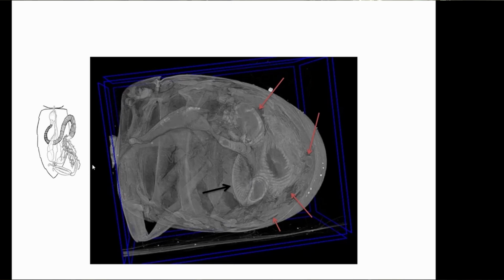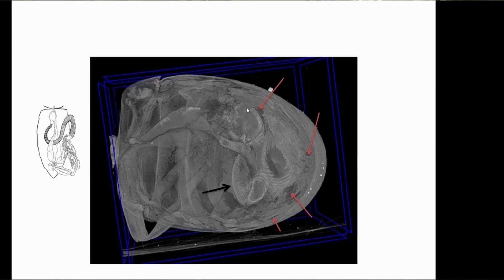Now, as we've said previously, normally we would expect to see perhaps the crop and a tiny little bit of the midgut, the ventriculus, but here we are seeing the vast majority of the intestine. We're also seeing radio-opaque material in the crop.